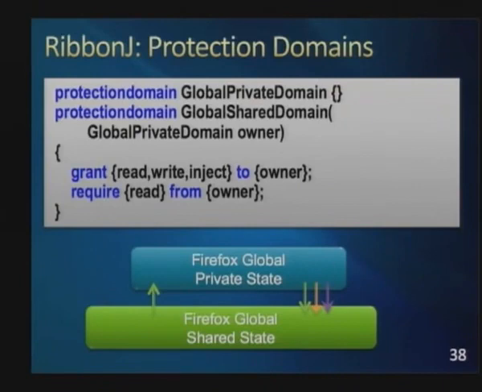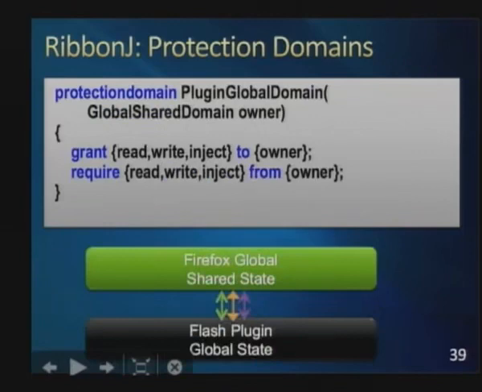That's why we couldn't reference that plugin domain here in this declaration. Instead, we just grant privileges. Once the domain is created, it says, okay, grant privileges to this browser shared state onto myself. And that's why both grant and require statements have to be in the language.